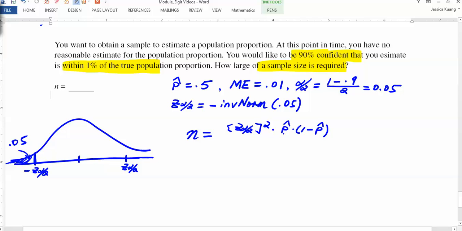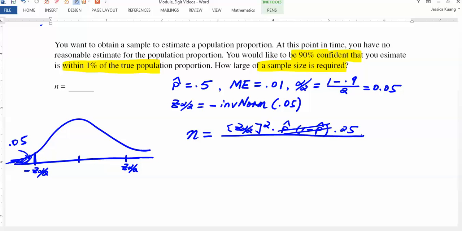If I put in 0.5 over here and 0.5 over here, that will give me 0.5 times 0.5, and it becomes 0.25. So go ahead and put down 0.25 in your formula sheet. From now on, you know that if you do not have a reasonable estimate for the population proportion, you just put 0.25 over here.